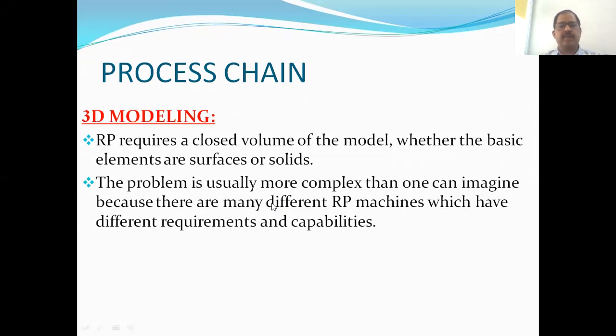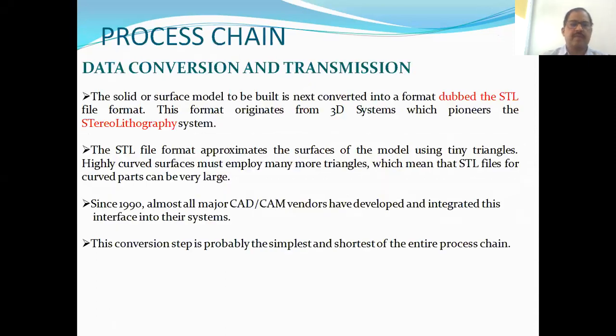Now coming to this one, the problem is usually more complex than one can imagine. With this small component we are not having any problem, but when you go for complicated surfaces, we face so many problems. Now coming to data conversion and transmission. The solid or surface model to be built is next converted into the STL file format.